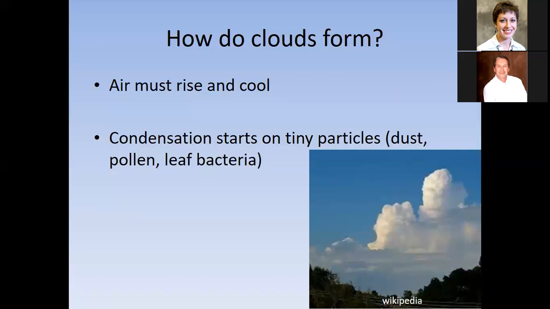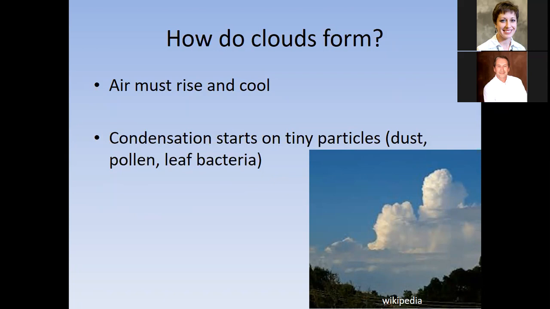Just briefly, I want to talk a little bit about how clouds form. For clouds to form, typically what we have to have is air that is rising up. And today is a really good example of this. I'm going to show some pictures that I took just this morning, kind of showing what's happening. But as the sun hits the ground, it heats up that ground, and then it heats up the air right above it.